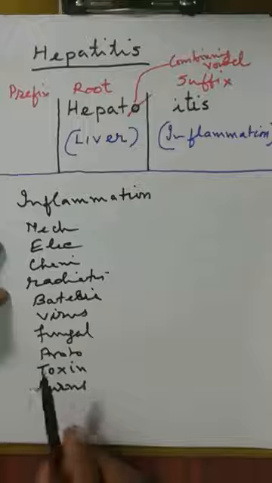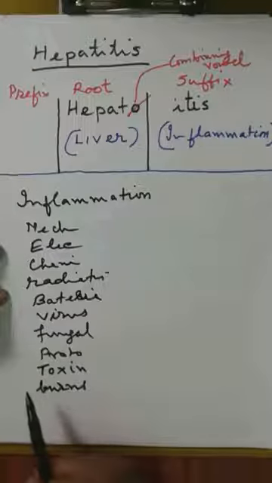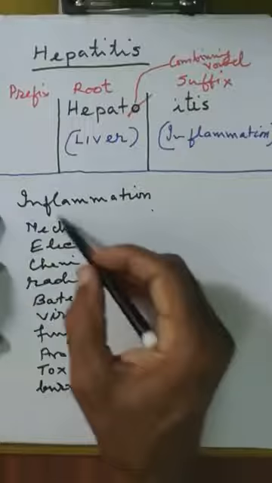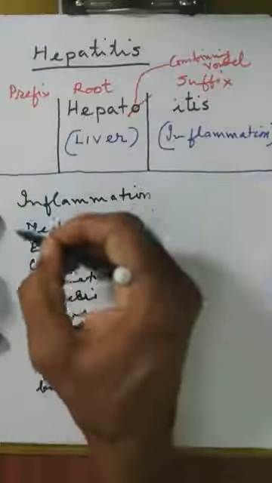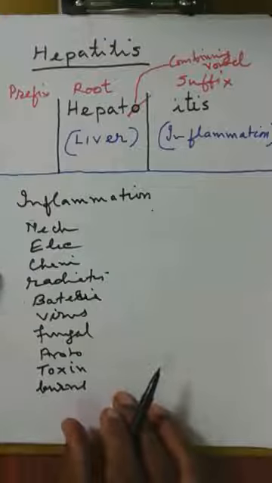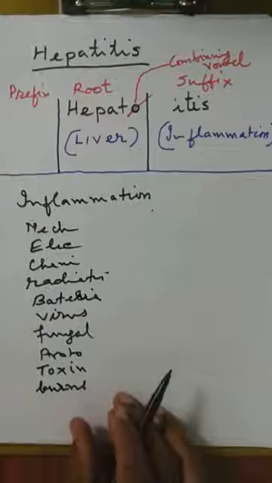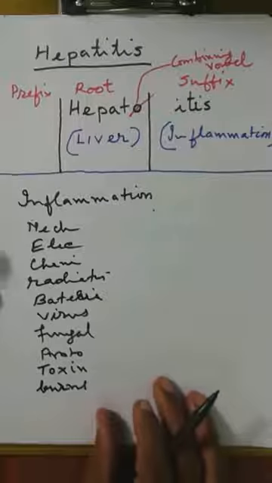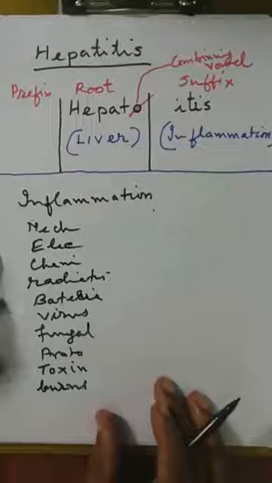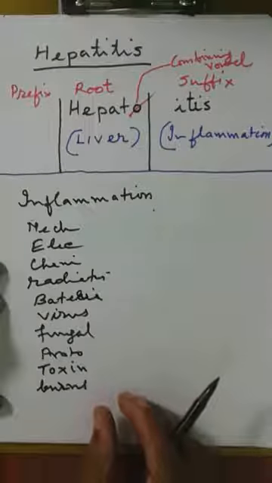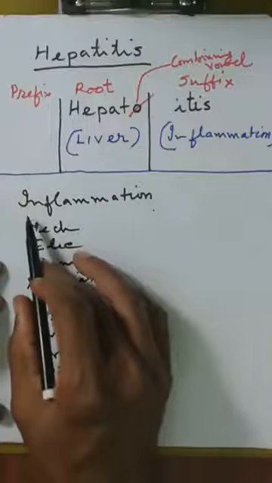Then there is a question, how will we know that our body part is inflamed by any of these agents? How will we know? So there are 5 important signs by which we will come to know that that body part is inflamed, or an inflammation is occurring.